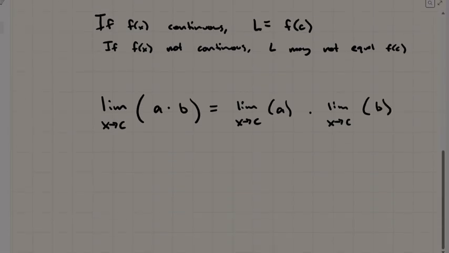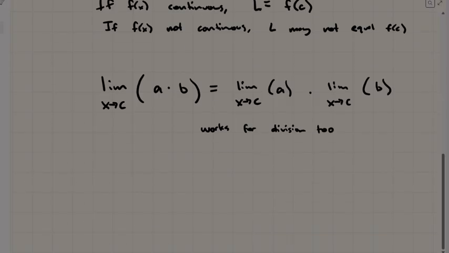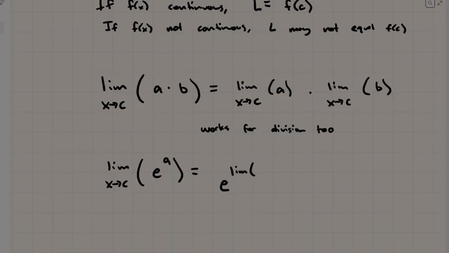And this works for division as well. We also have the property that for the limit as x approaches c of e to the a, since e is a constant number that does not depend on x, the limit does not apply to e, and we can actually transfer it to just the exponent.